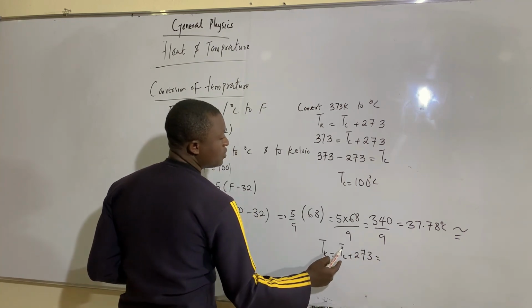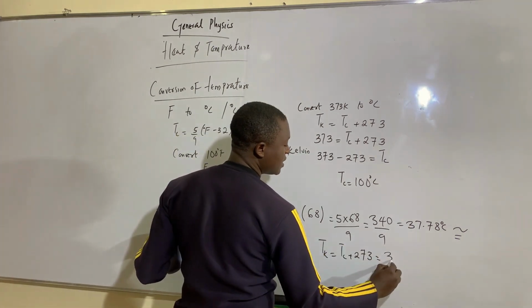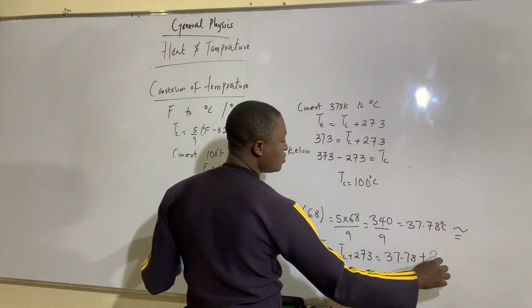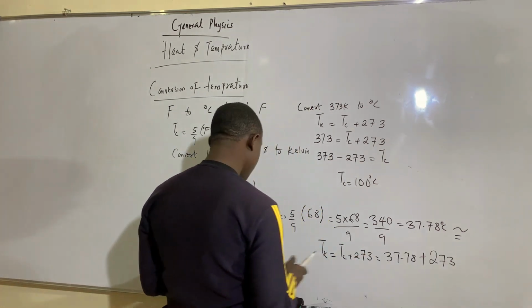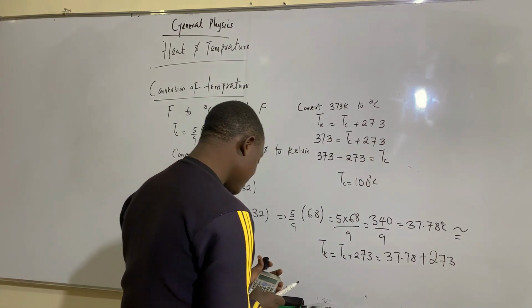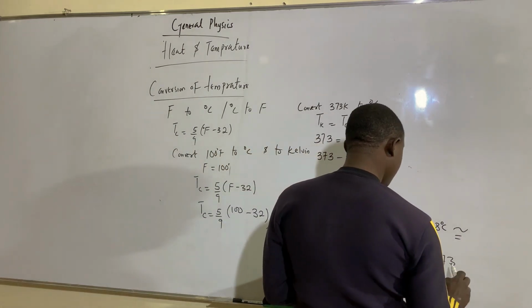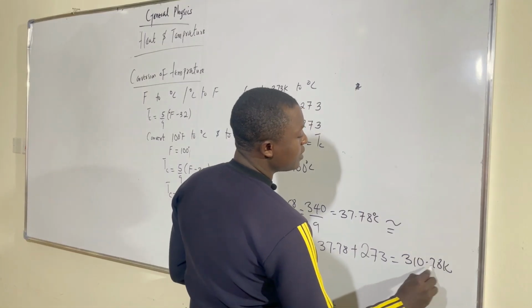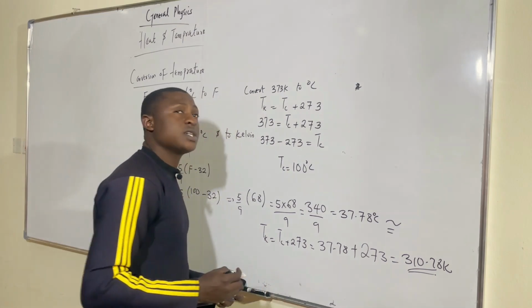The value we have in Celsius is 37.78, plus 273. You do that, and here we are going to have 310.78 Kelvin. You understand? So that's how we normally convert.